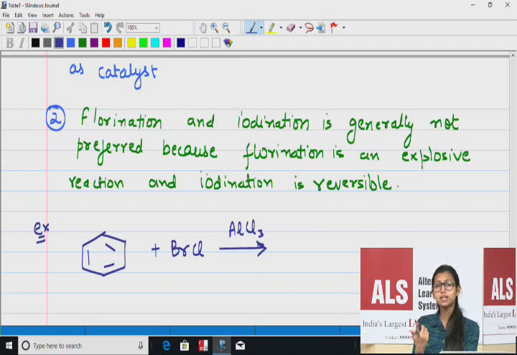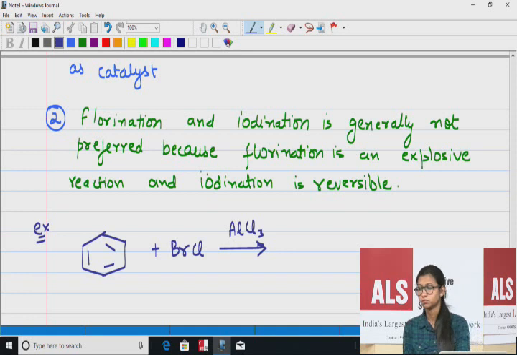Bromobenzene, chlorobenzene, bromochlorobenzene, or none of these. Tell me the answer.